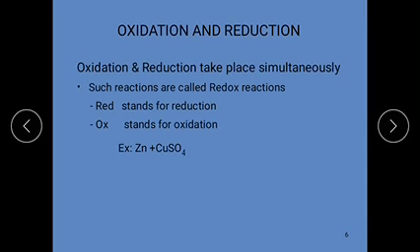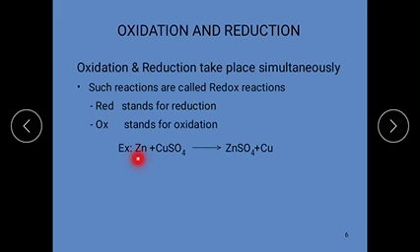Let us see one example. Zinc plus copper sulfate gives zinc sulfate plus copper. In this, zinc becomes zinc plus 2. Zinc sulfate on ionization produces zinc plus 2 and sulfate ions.